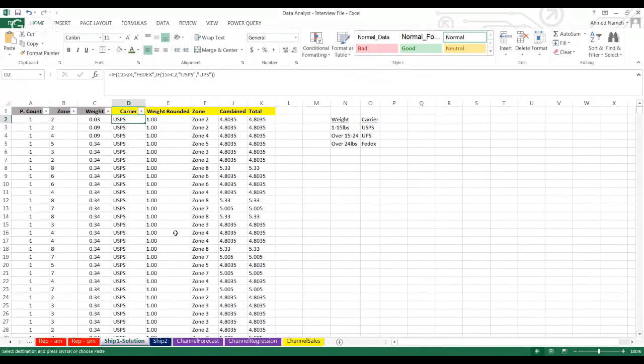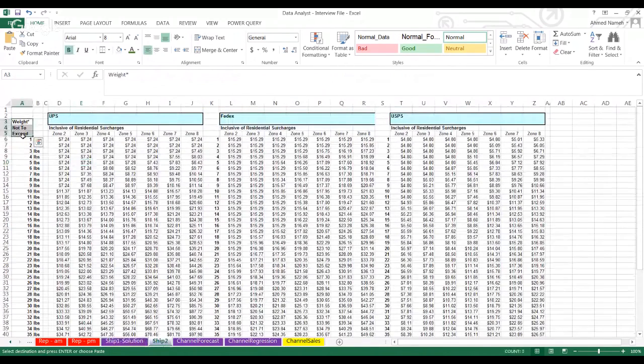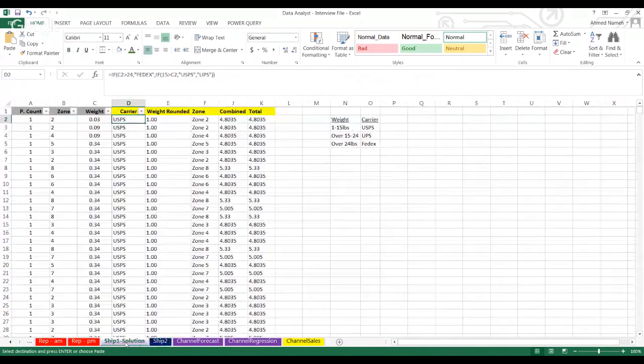Now, as I mentioned a couple of minutes ago, this right here is important. Weight not to exceed these whole number amounts. So the second step I had to implement was to round up these weights for the sake of the formulas I was going to use to essentially extract the rate information depending on the carrier. So I rounded up each of these amounts.